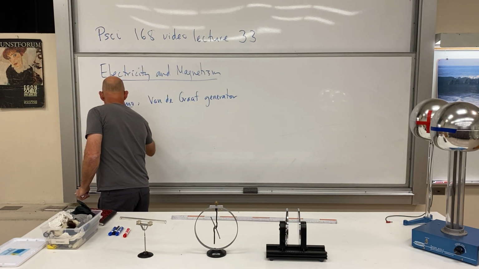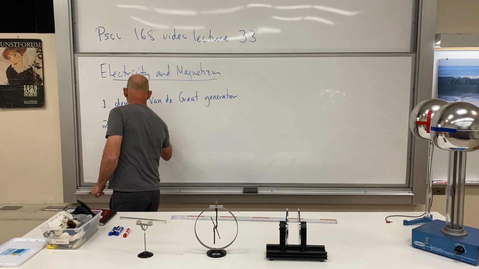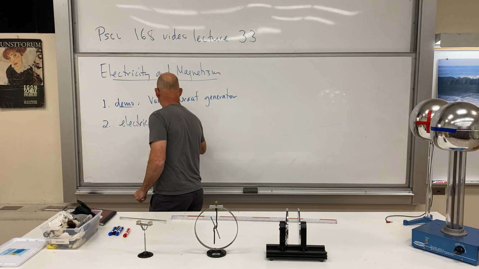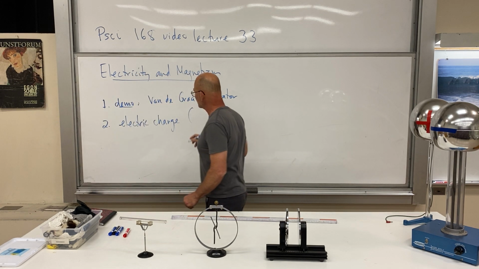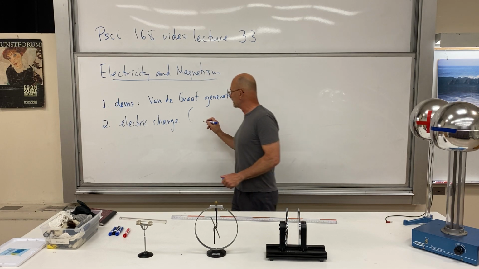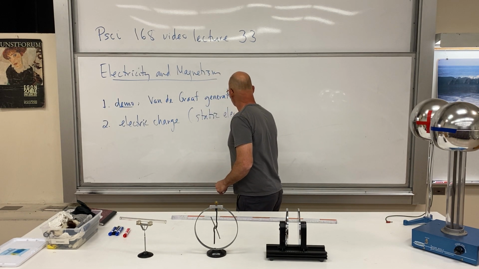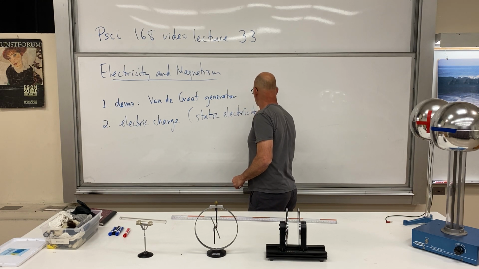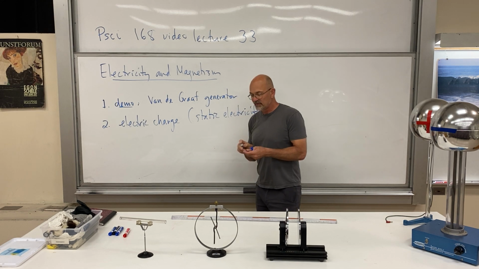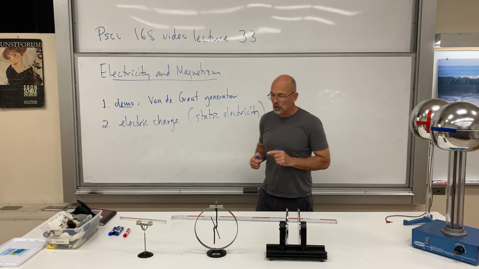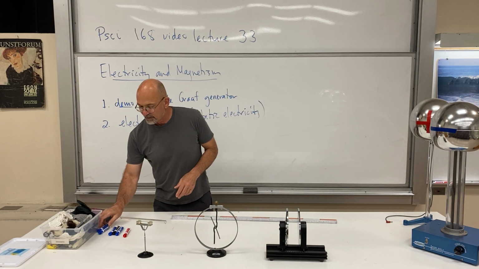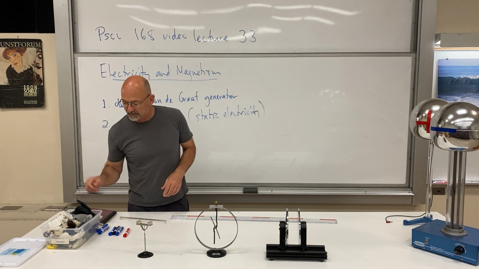So we now need to understand what is electric charge. We'll be talking about what's called static electricity. This is something that is actually going to involve a new fundamental quantity, but at the moment we just have some phenomena.